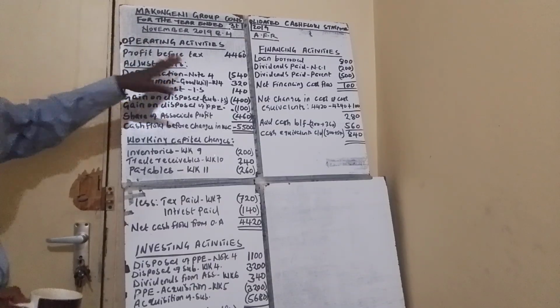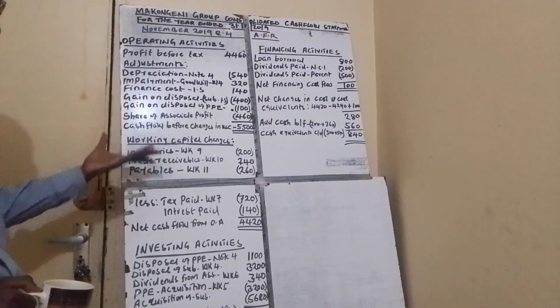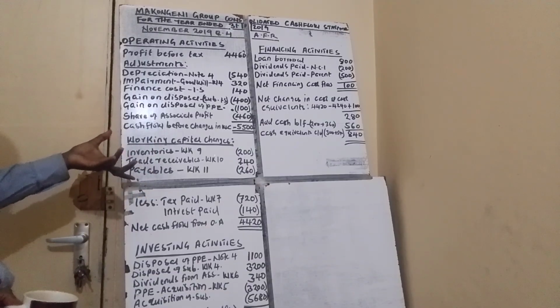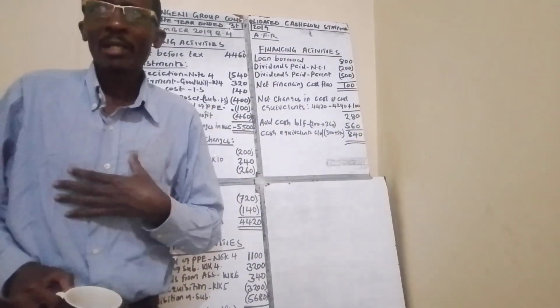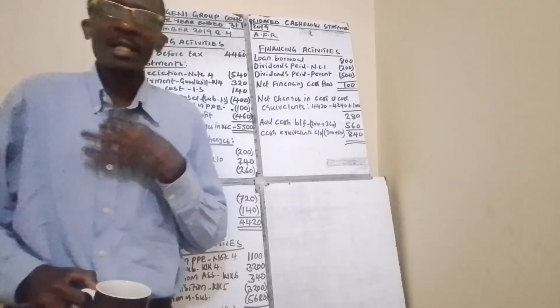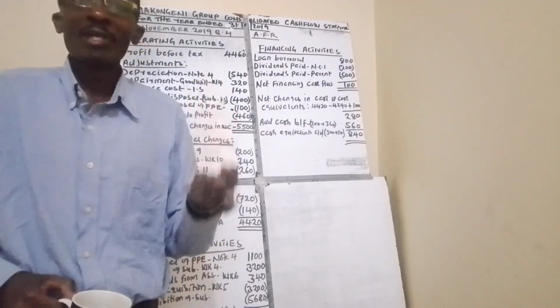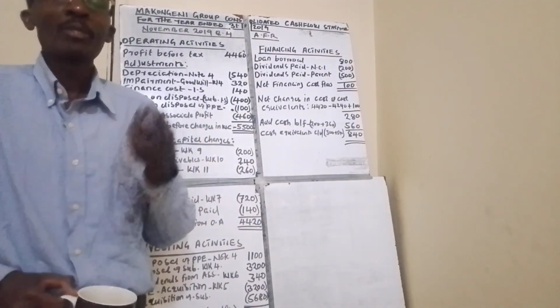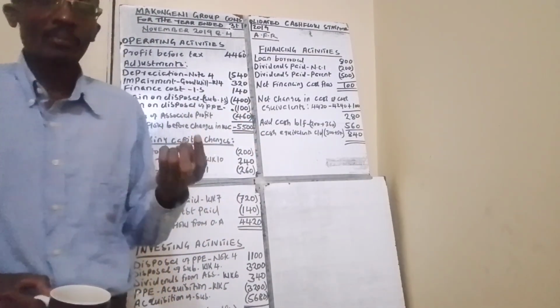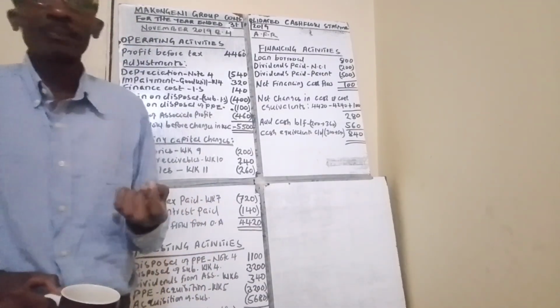We adjust this reported profit appropriately, and then after that we show working capital changes. Now, working capital means current assets and current liabilities. Mostly, you'll be dealing with inventory, which is also called stock, debtors, also known as receivables, and creditors, also known as payables.